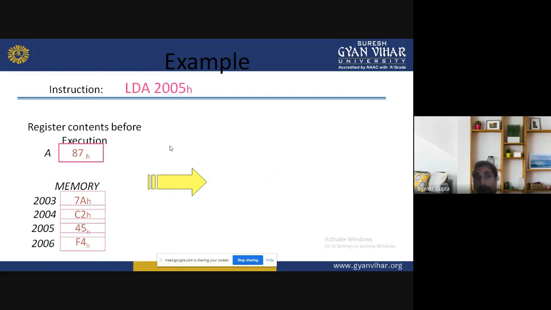We want to load the accumulator with data, and the address where the data is located is given. Whatever data is at that address is loaded into the accumulator. For example, A has 87H and address 2005 has 45H. So that data is transferred to the accumulator.